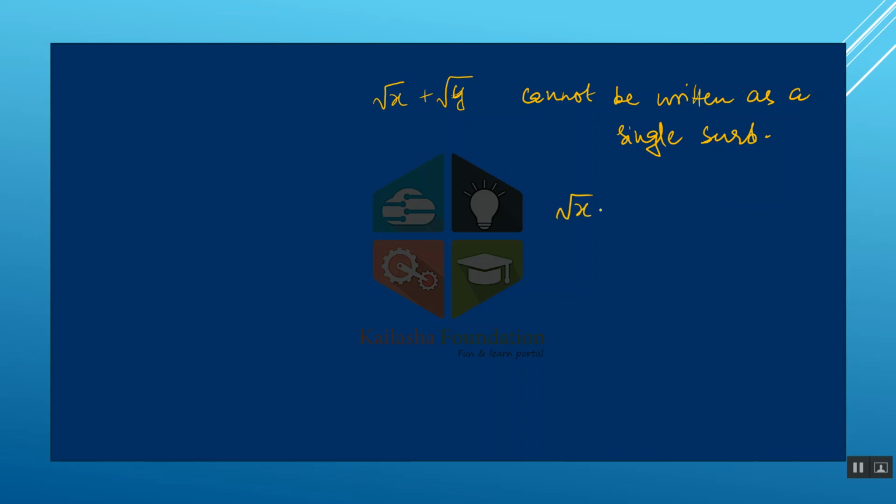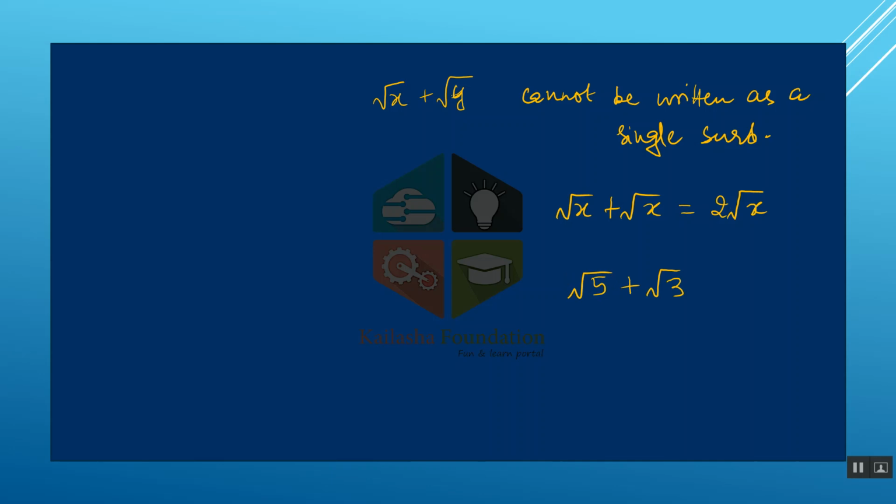Root x plus root x can be written, it is 2 root x. If these two are the same, then we can write. But root 5 plus root 3 will remain root 5 plus root 3. Whatever you do, it will be root 5 plus root 3.